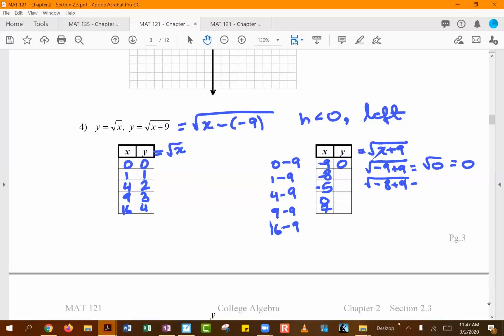Negative 8 plus 9. Very nice. So what will those other numbers be? Negative 5 plus 9. Zero plus 9. Very good. And then 7 plus 9.